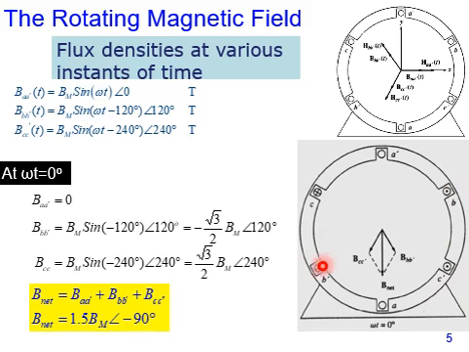It can be seen that at B the current is coming out of the paper, and at the point B bar it is going inside the paper. Similarly, in CC bar, at C bar it is coming out of the paper, and at the point C it is going inside the paper. So this is the diagram for omega t equal to 0 degrees.